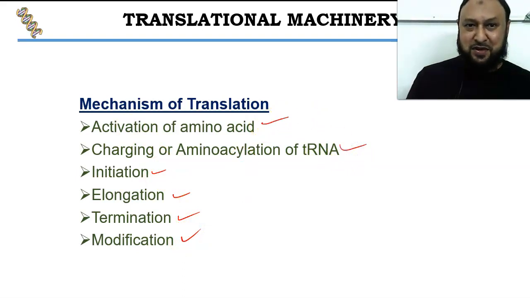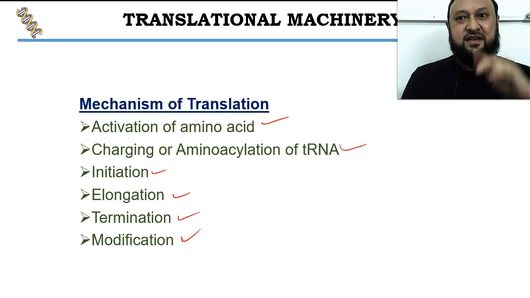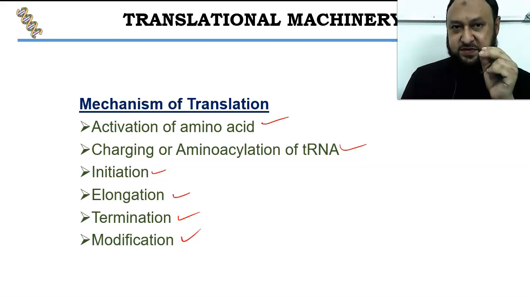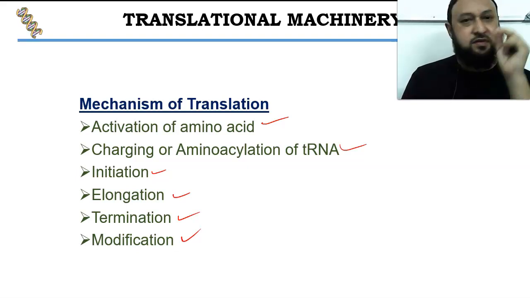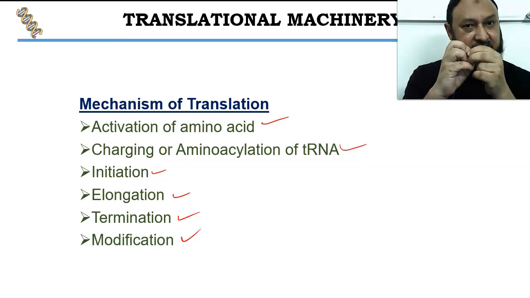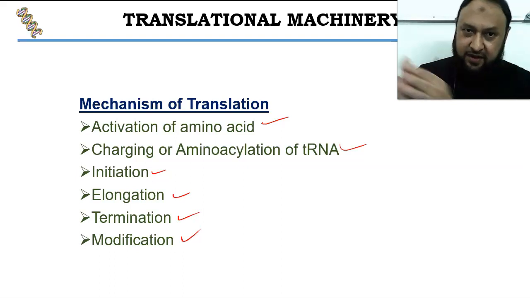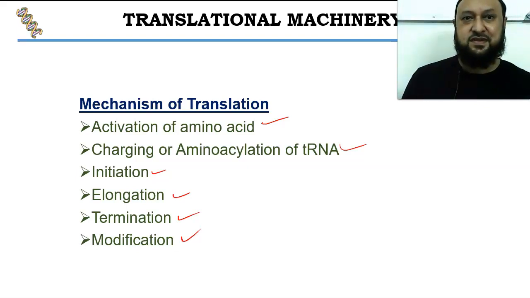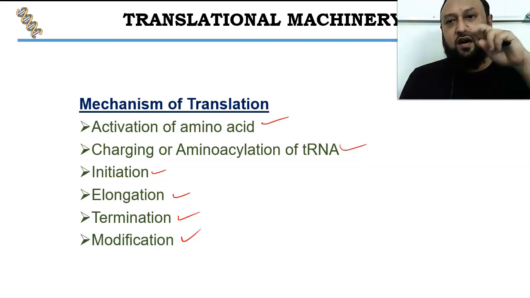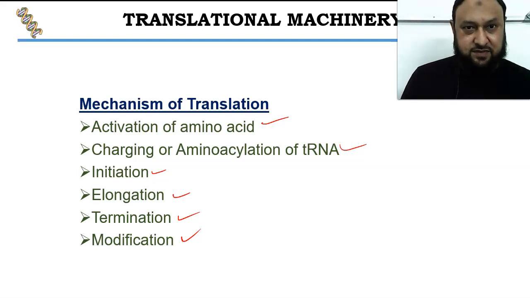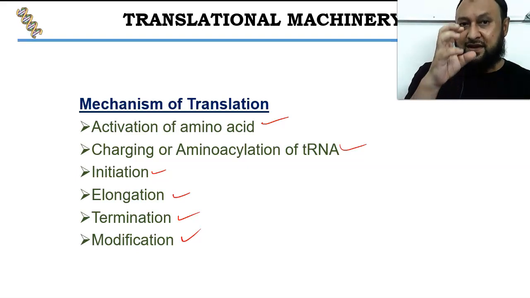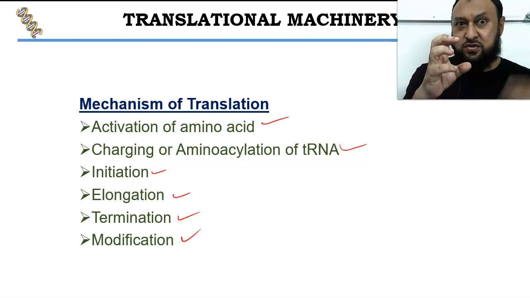That's what I was talking about. In charging, the amino acid is activated and charged so that it can join with the tRNA, and the tRNA can bring it to the ribosome. So these first two are needed for tRNA to bring the amino acid to the ribosome.